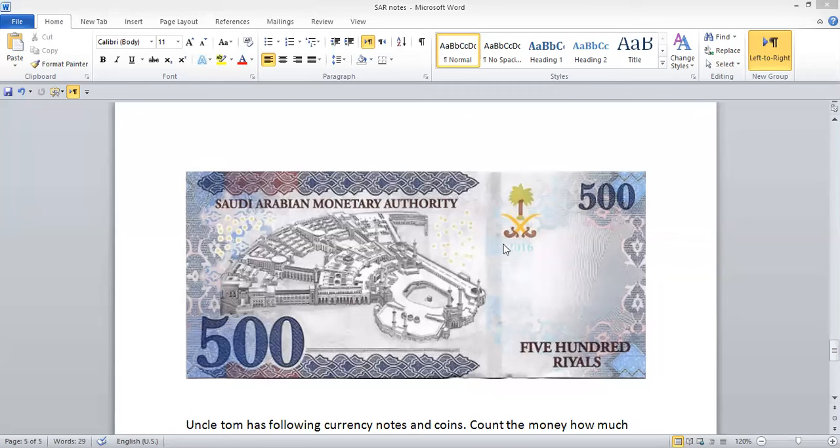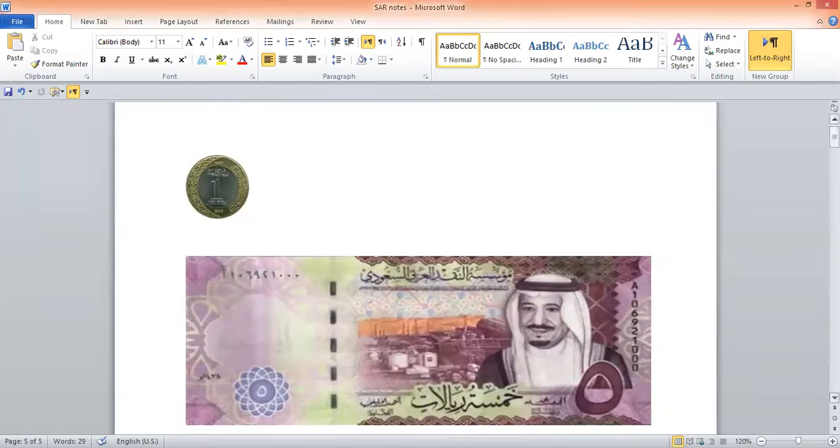And this is one of the highest denominations in Saudi Arabia currency. In this 500 real you can buy too many things. All right, guys. So this currency note has a value of dash real. How many real? 500.